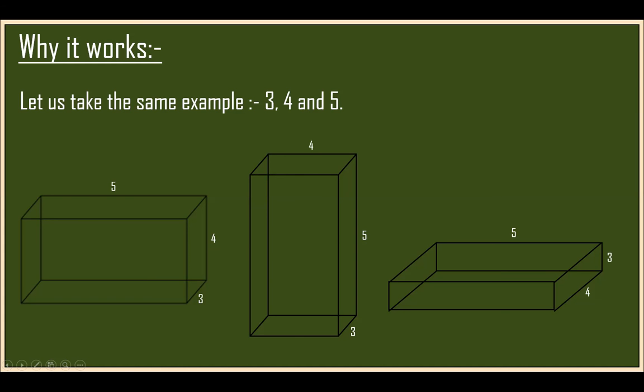Let us try one last one: 5 times 3 times 4. 15 times 4 is also 60. So now you have learned why the associative property works, why the commutative property works, and why the distributive property works. That's all for this video.